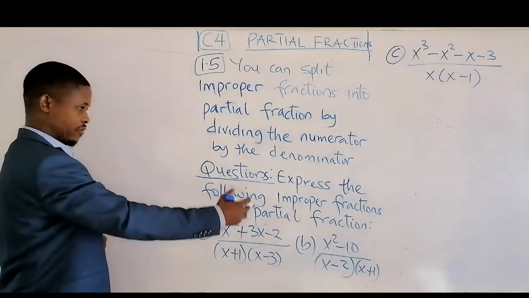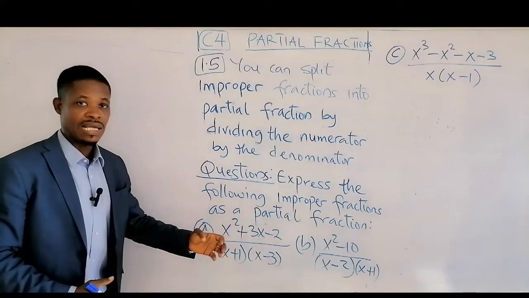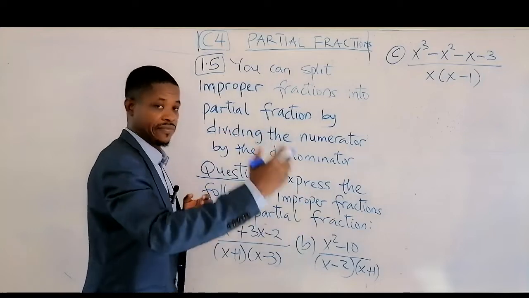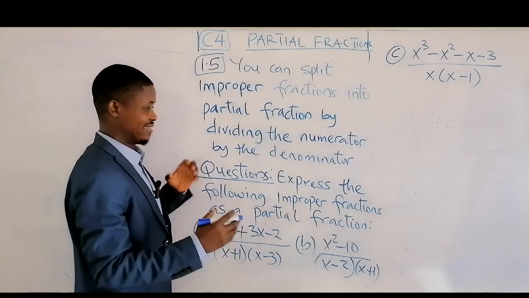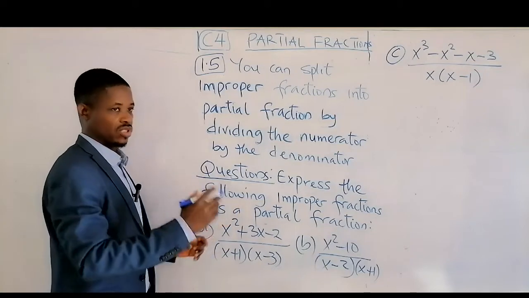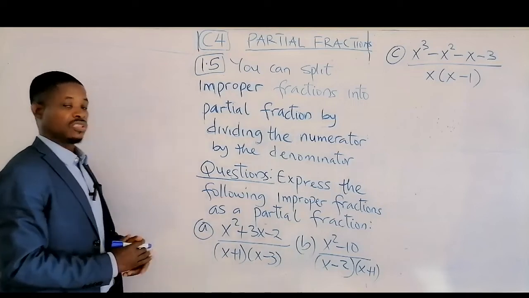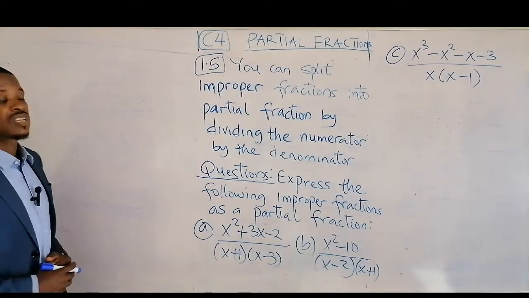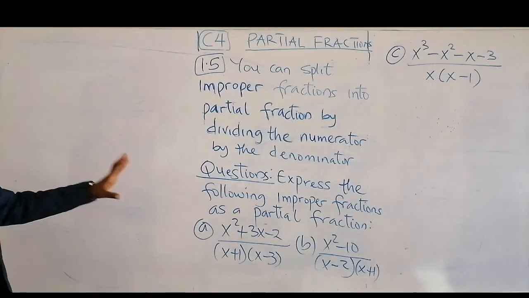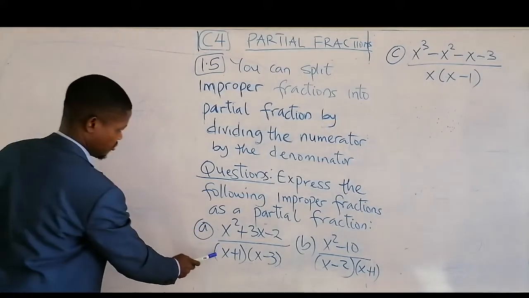In the process of that long division, you're going to have a number and a proper fraction. Then after that, you can express it as a partial fraction. So without wasting time, let's quickly dive into the solution of the following questions.